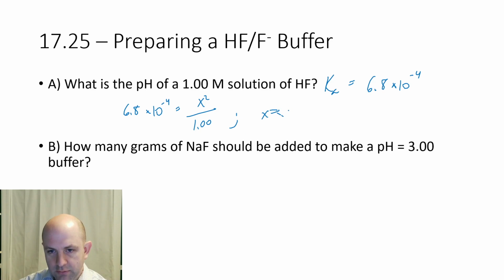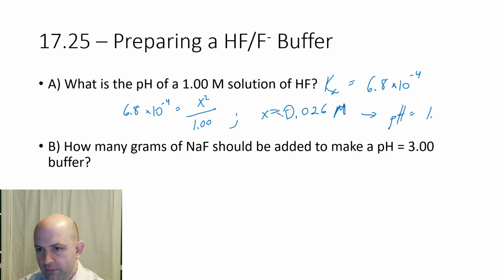X equals 0.026 molar, and that would make this like 0.98. That's within the 5% acceptable for the assumption of not having to do minus x there. So that would be molar, and if we take the negative log of that, we would get that the pH is equal to 1.58.